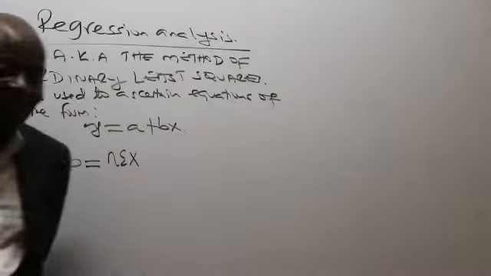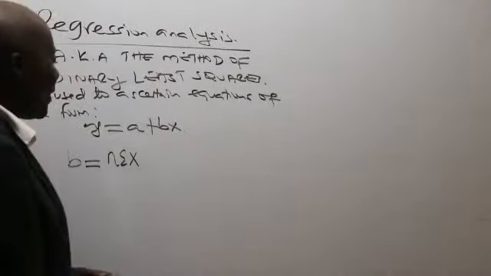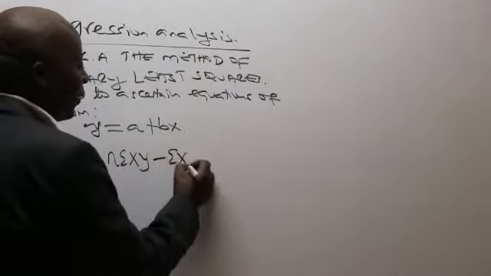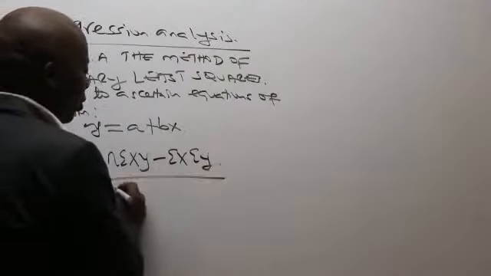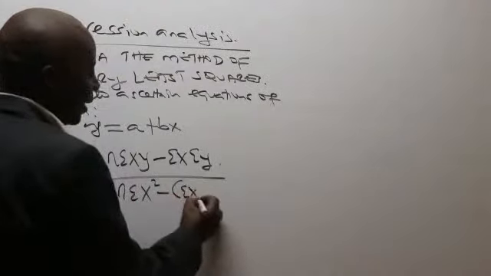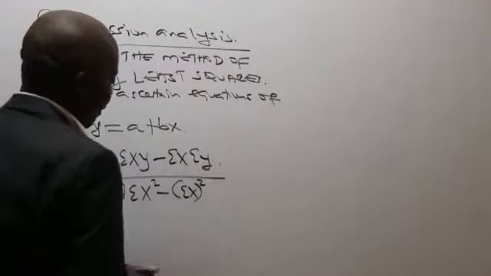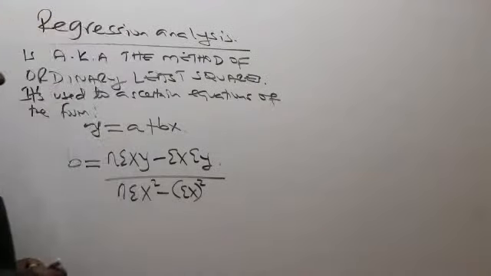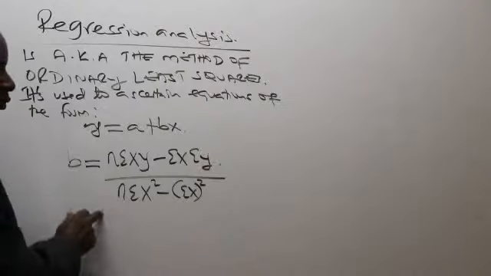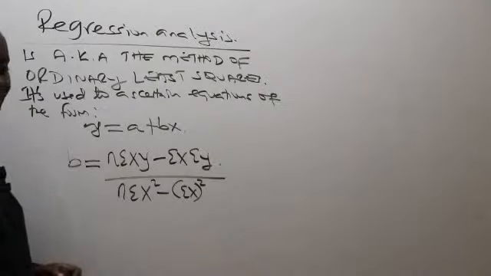Mosa has tried very much, thank you. He said it's n summation of xy minus sum of x summation of y, all over n summation of x squared minus sum of x, all squared. Very important, the formula for getting b. Please write down this formula.